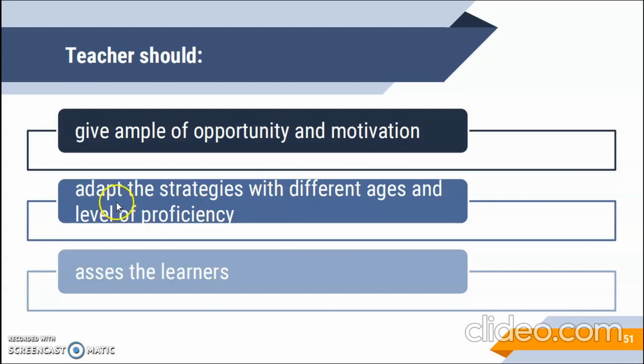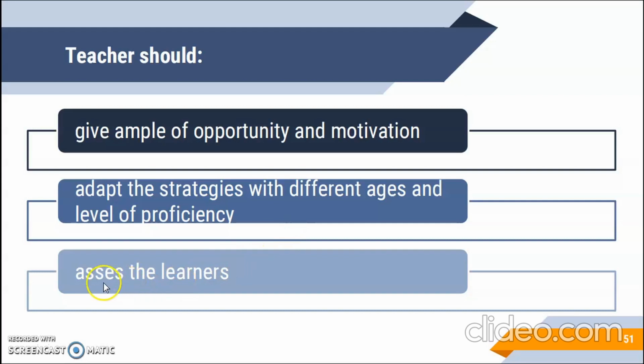Okay, the second one, adapt the strategies to different ages and levels of proficiency. That means teachers must be flexible in order to cater to all the learners according to their ability, level of proficiency, and age. Sometimes one strategy does not fit all types of learners.